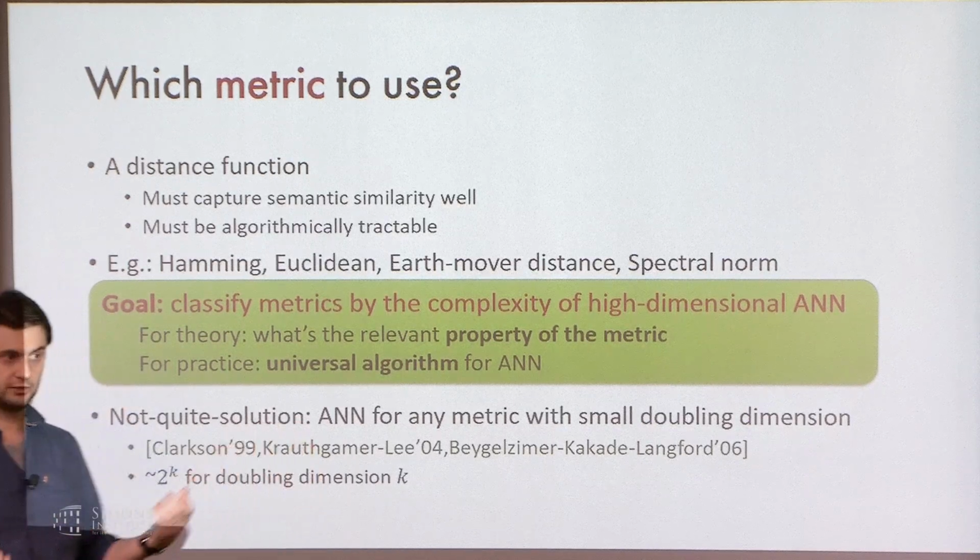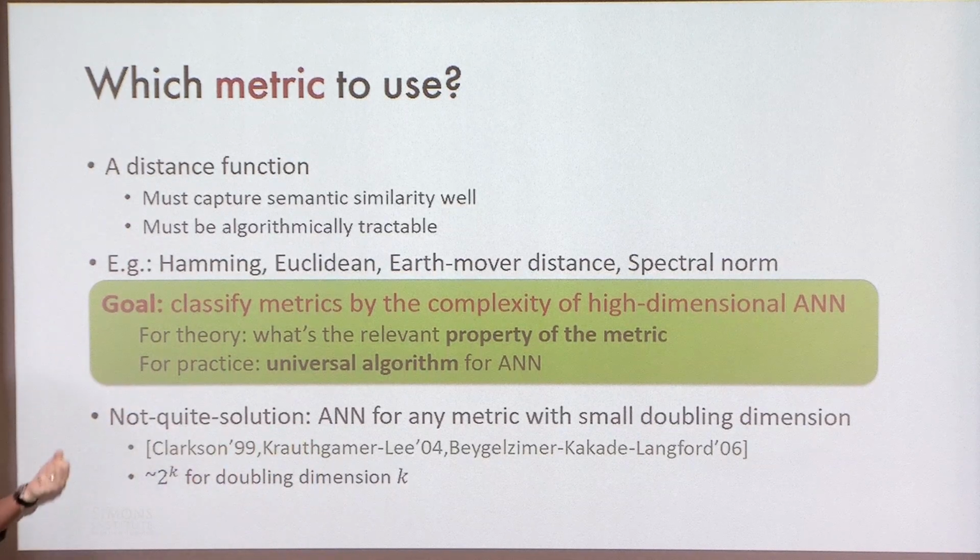Given IDs of two points, the black box says what the distance is. Assuming that this metric space has low doubling dimension, there are algorithms, starting with the work of Ken Clarkson, also appearing and improved in other papers, that work with this black box.